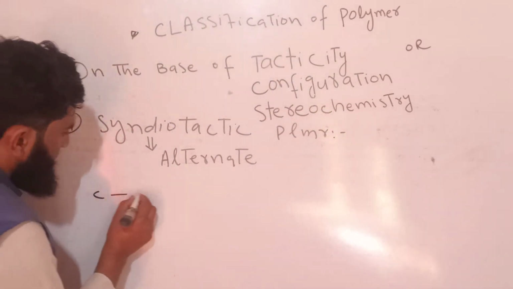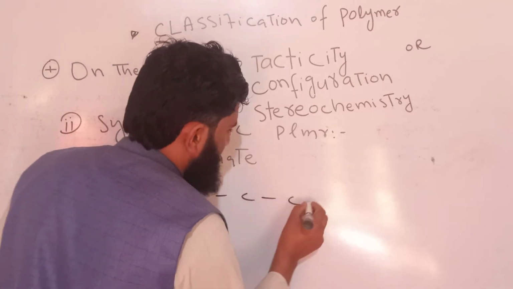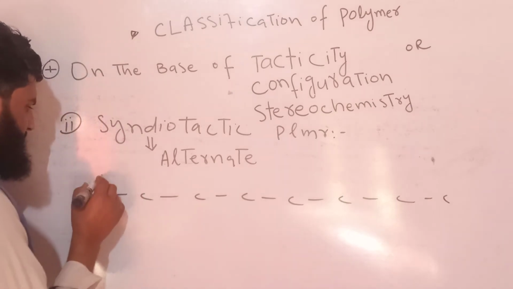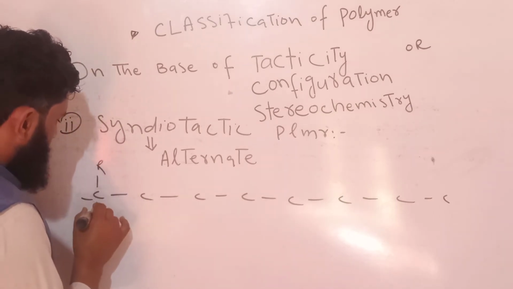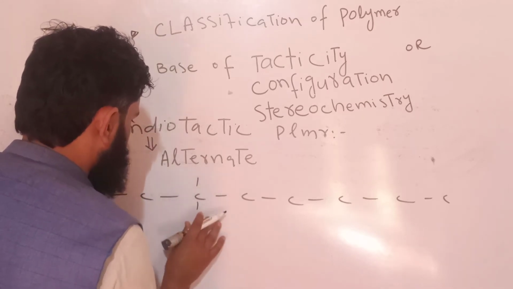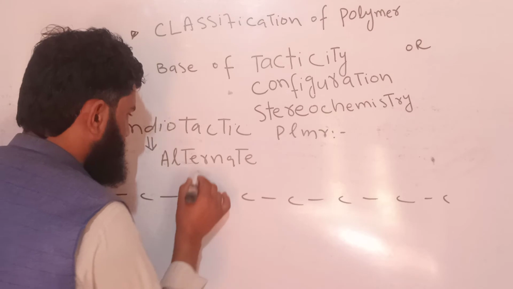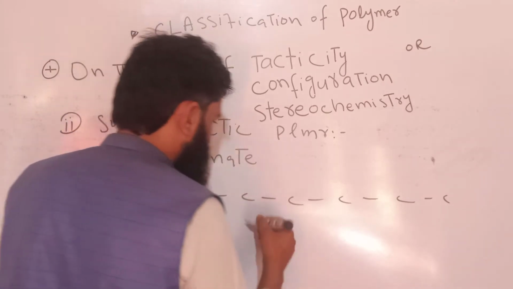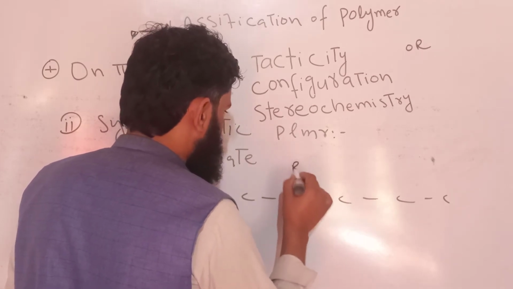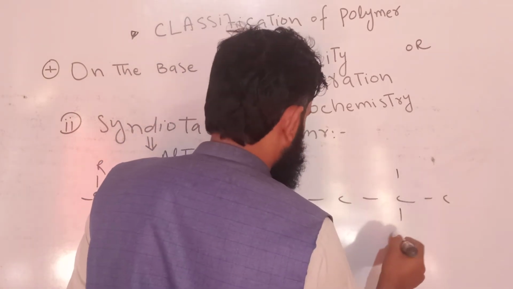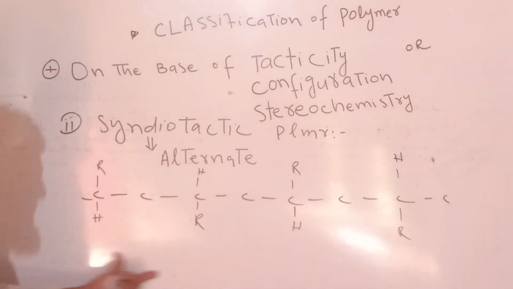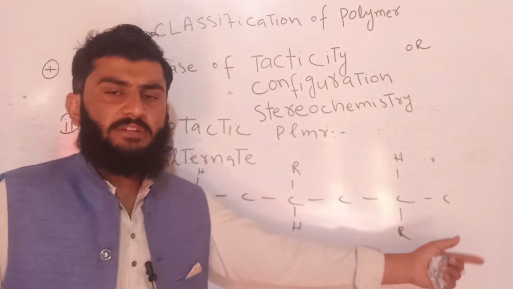For example, this is a long chain of polymer. And if this is a substituent, for example, this is R and this is H. Alternate way, this is R and this is H, again this is R and this is H, and so on. Clear? This manner is known as syndiotactic.